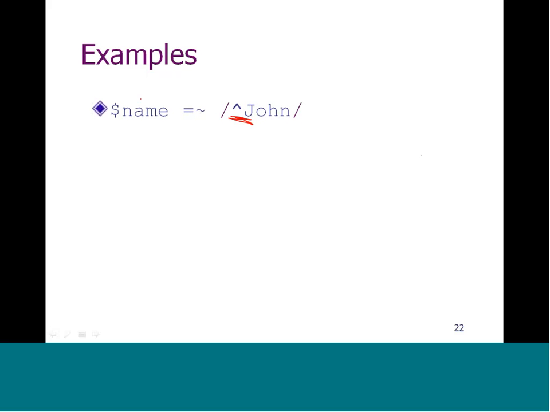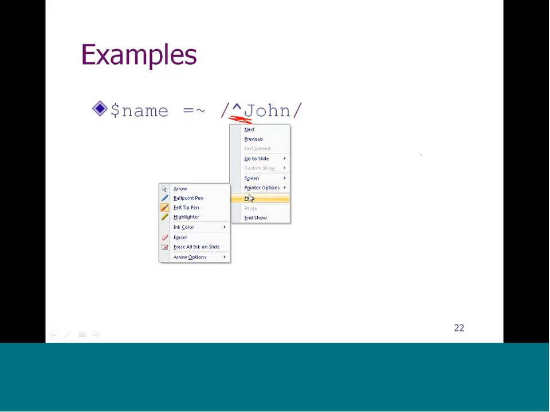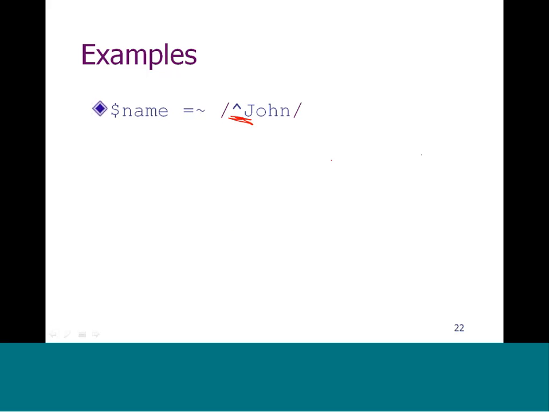So the dollar name variable is matched from the beginning. You can think of this as its anchoring point. It anchors either in the beginning or at the end. The beginning anchor is this caret, and as we saw in the previous one, towards the end we do it with the dollar sign at the end.